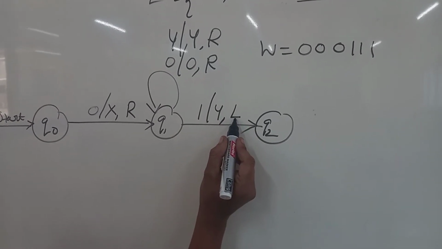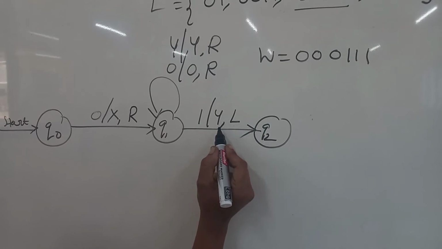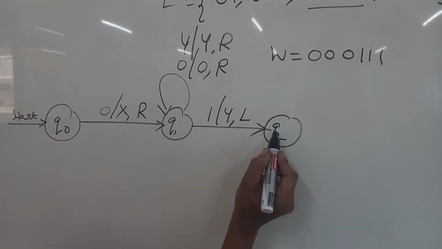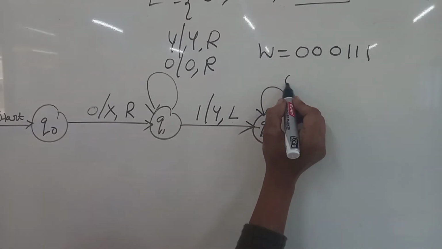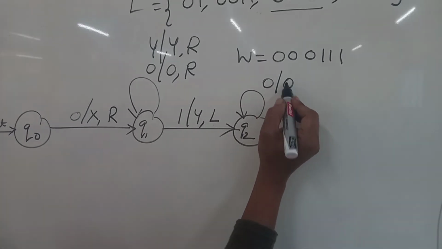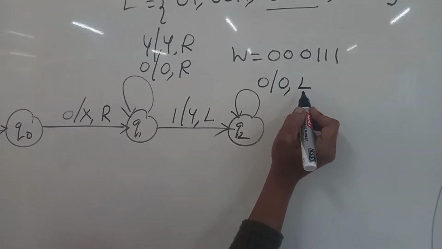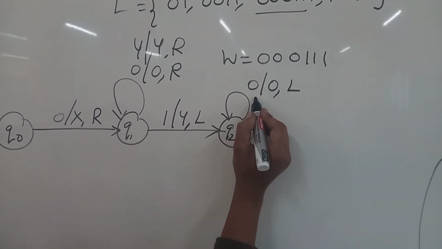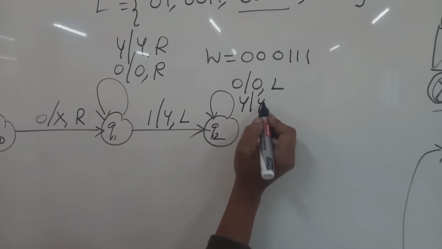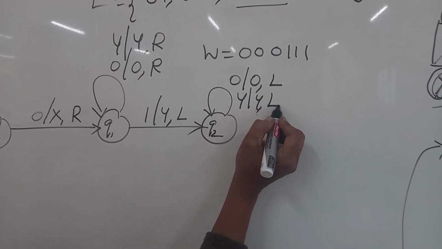In order to find the second occurrence of 0, we move to the left direction. When moving left, if any number of zeros comes, we retain them as they are and keep moving left, and for y and y, we also move to the left direction.